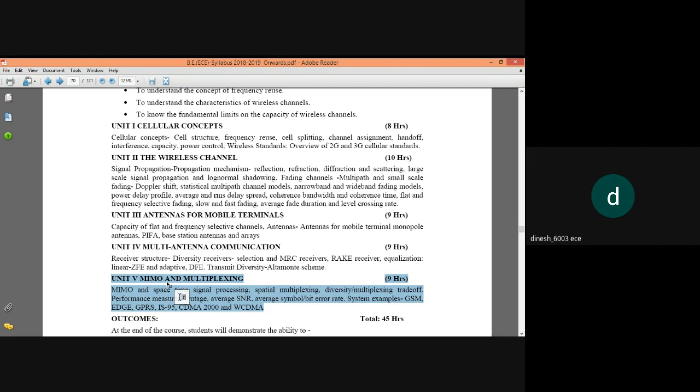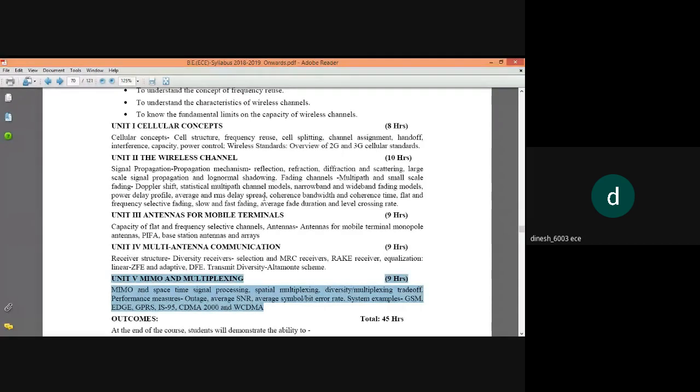Then we'll be seeing spatial multiplexing, a technique used for processing signals at higher data rates, its performance, signal to noise ratios, bit error rates, all of which come under MIMO and multiplexing.